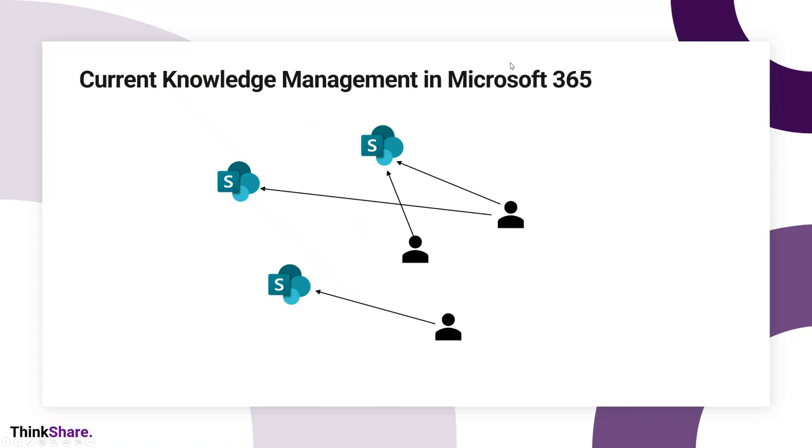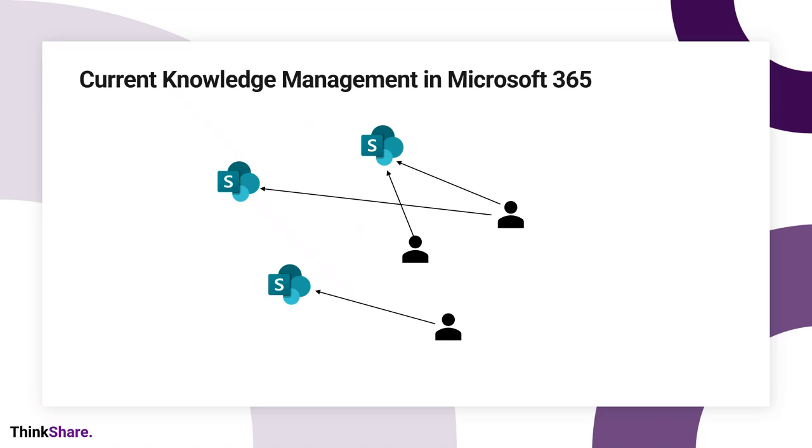So current knowledge management in Microsoft 365, from a very technical diagram, is all about knowledge in SharePoint sites generally, and that's what Viva Topics is mostly about, being distributed across your organization, and that knowledge is sometimes kept in the old term silos. What we want to do as an organization is bring that knowledge out of those SharePoint sites and arrange it so that experts can find knowledge based on a particular topic.